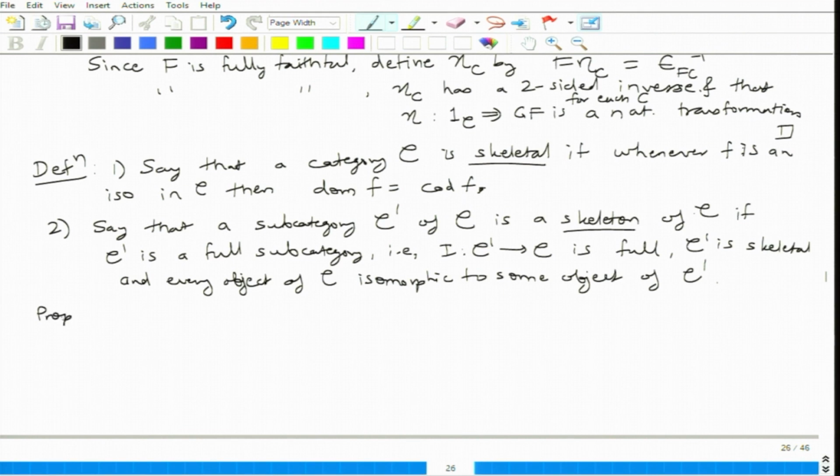So this is a simple enough proposition. Given, no, I shouldn't say small categories, that is irrelevant.